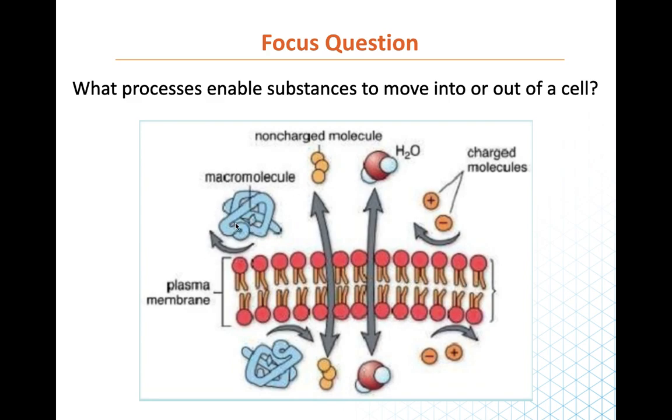And large molecules, which are also called macromolecules, like a big protein or some type of substance that's really large, can't get through, not just because it could be charged, but because it can't actually squeeze between all of these little phospholipids, right? So in this lesson, we're going to be talking about how different substances can enter and exit the cell.